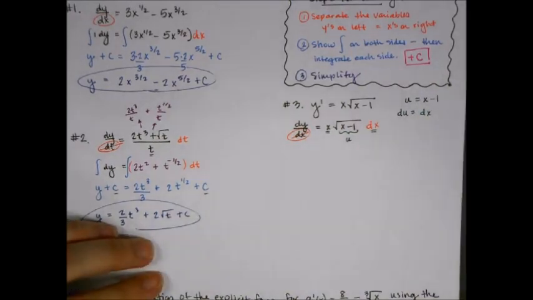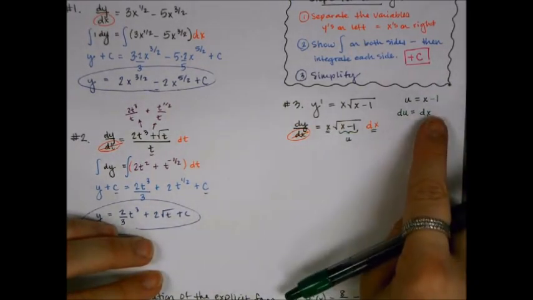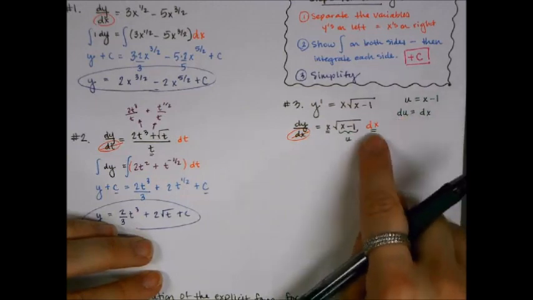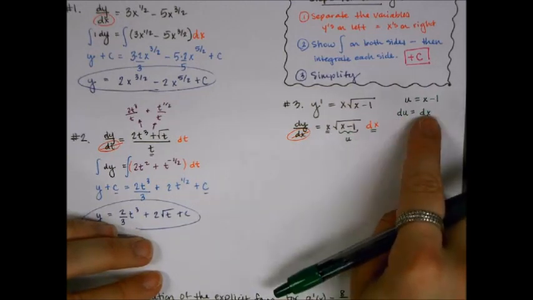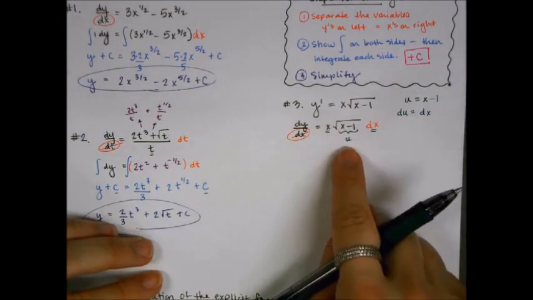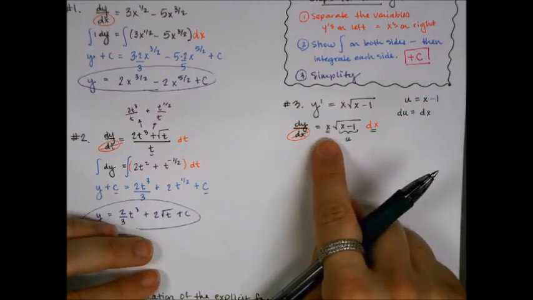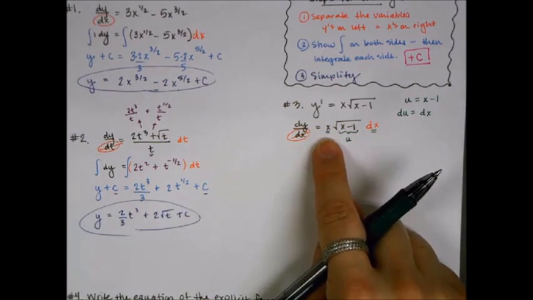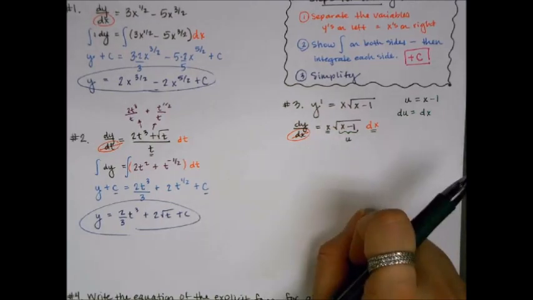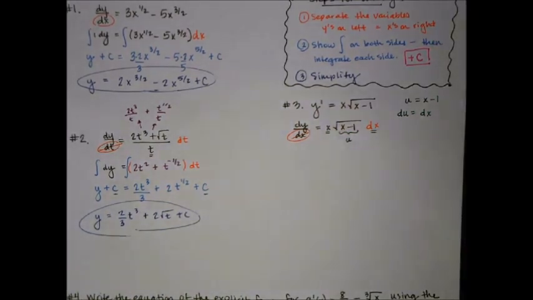So that only takes care of the dx. We'll replace du with dx. We'll replace x minus 1 with u. So what about this x? It seems as though the substitution didn't work. But there is a trick you can use here. What we're going to do is take that u equals x minus 1.